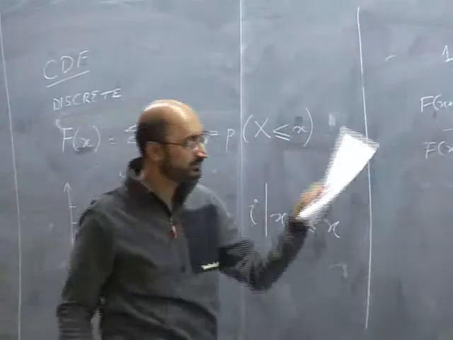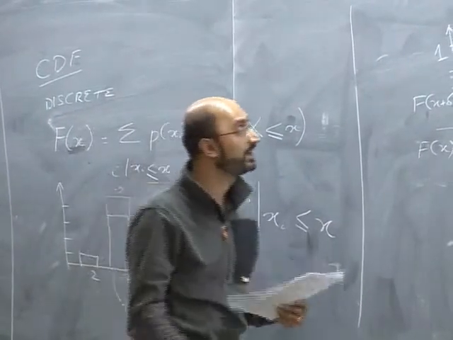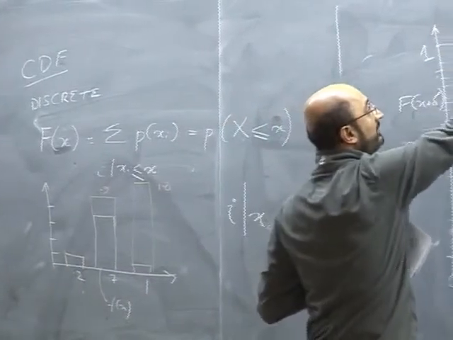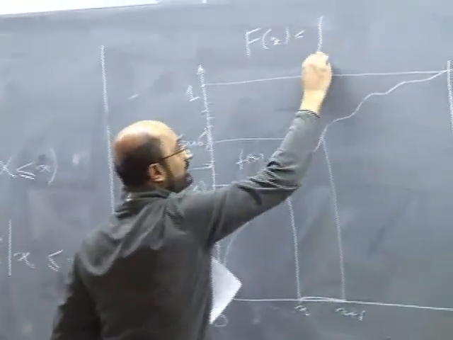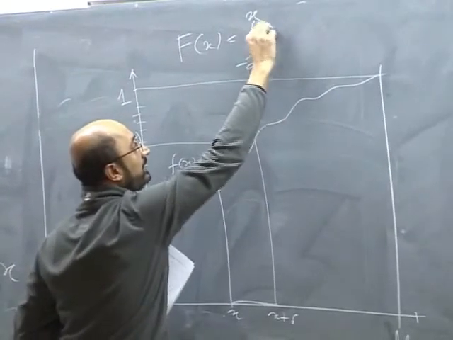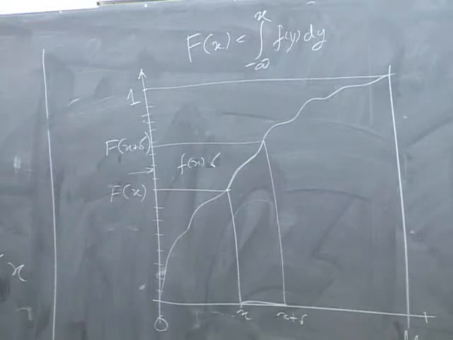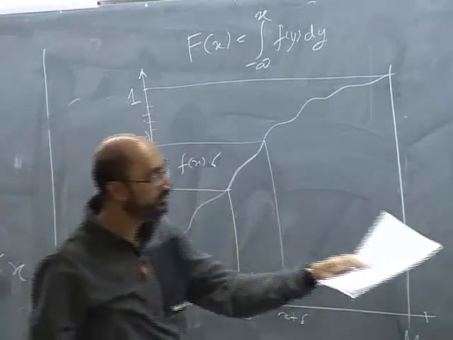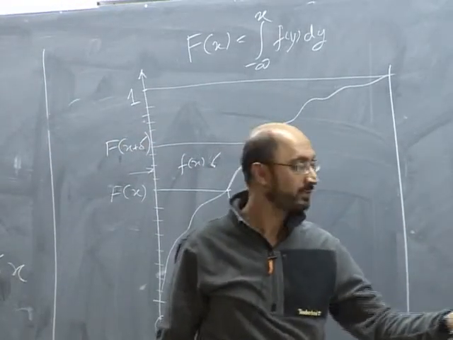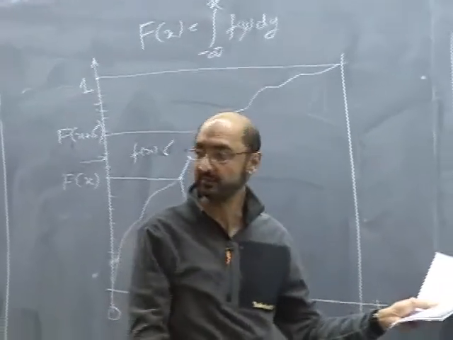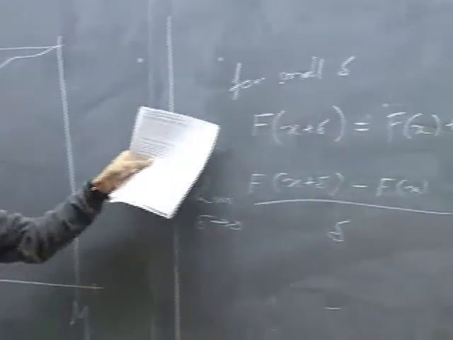In the continuous case, I wrote down the formula for capital F. F of x is specifically given as the integral from minus infinity to x of small f of y dy. So that's the right formula. And then by definition, this is where we get from here, and that gives you that.